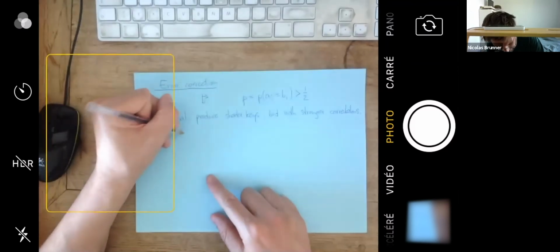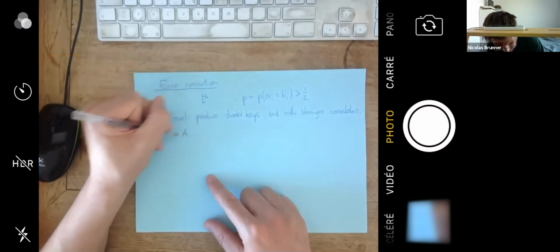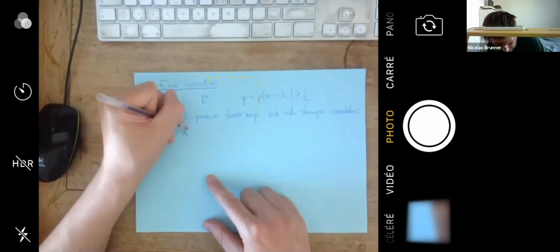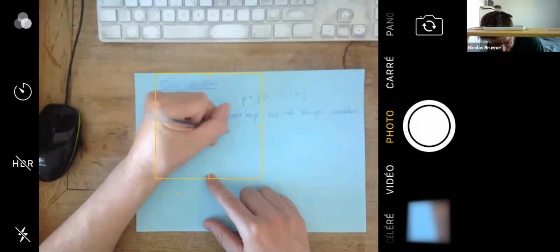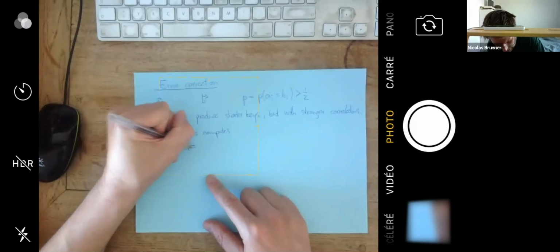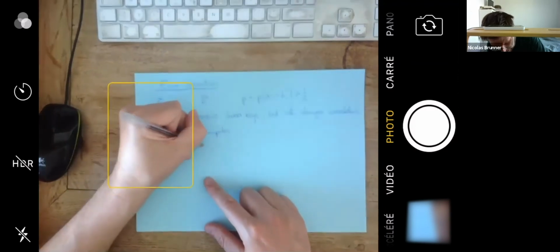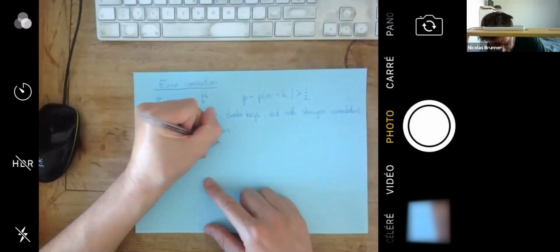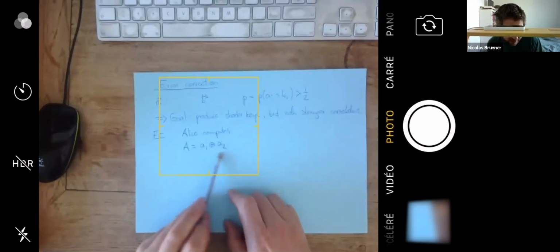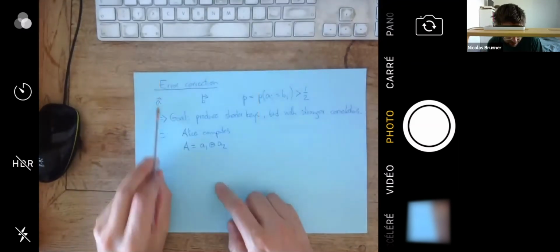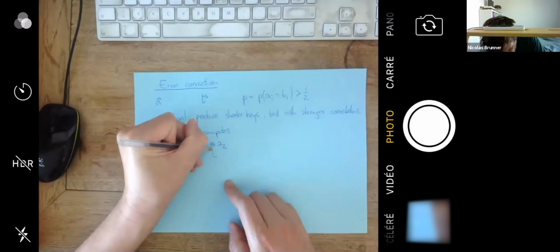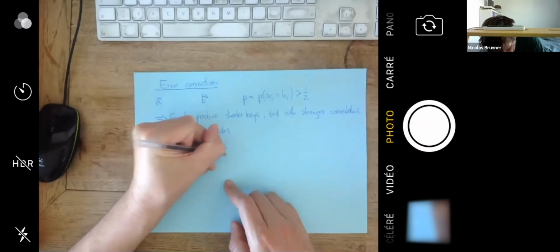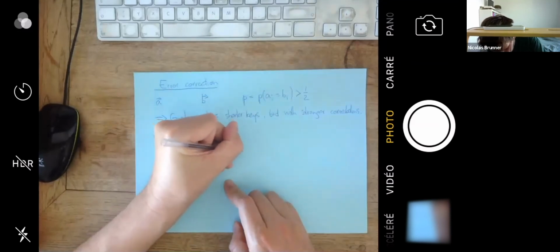Alice computes a new variable that I call capital A, which is A1 plus A2. I just take the first 2 bits of these strings and add them modulo 2, addition mod 2.